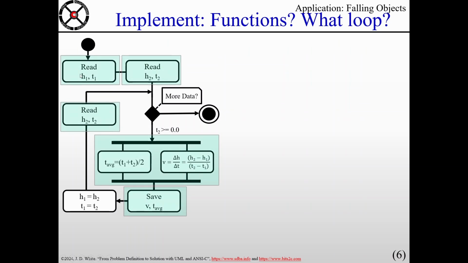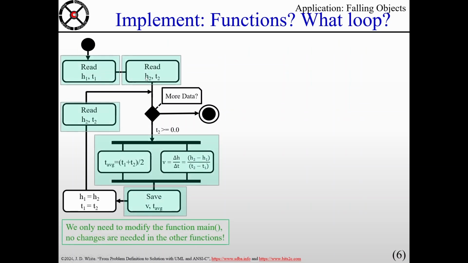First of all, you can see all these things have already been written. This part has already been written, and I'm not going to modify these functions. My reading is being done by a function, and I don't want to modify it.